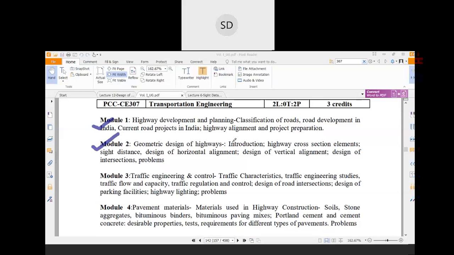In module 2, there is geometric design, where design of cross-section elements, horizontal alignment, and design of vertical alignment are covered. Now, the design of intersections portion is also included in the traffic engineering portion, that is module 3. So we'll complete this in module 3. We have already completed modules 1 and 2, and I'll try to complete module 3 within this month.